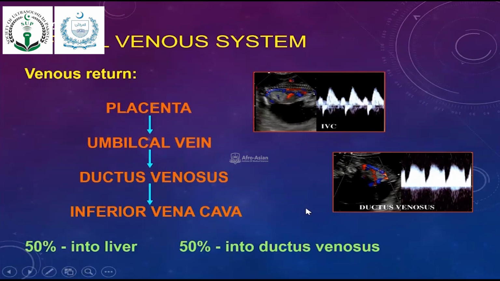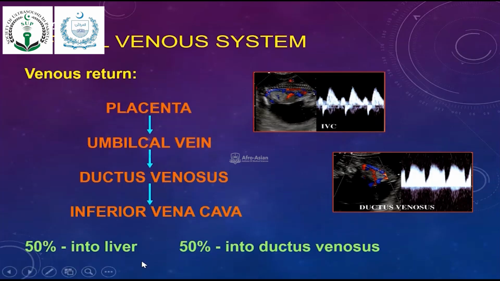So when the aorta is disturbed, the umbilical artery is not giving us the normal signatures, or there is the brain sparing phenomenon, there will be an effect on these vessels, on the venous channel of the placenta: the umbilical vein, ductus venosus, and inferior vena cava. So we see all four things to have venous assessment of a fetus suspected of IUGR.